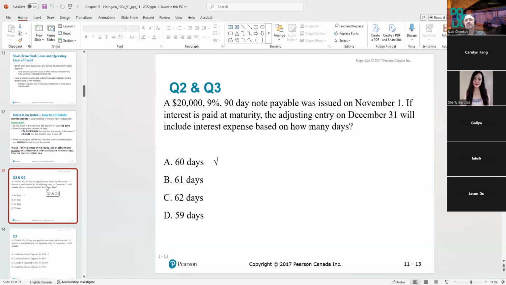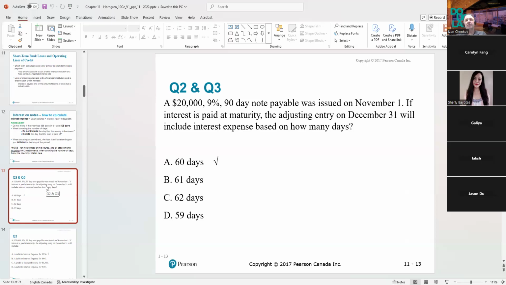Why 60? Okay, we're eliminating November 1st, right? If we eliminate November 1st, then we have those 60 days.